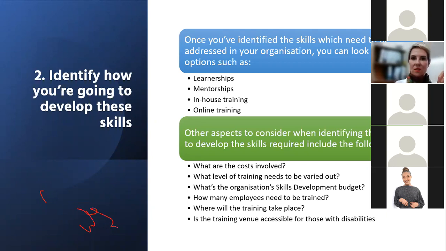What interventions are you going to make available for them? And then look at opportunities that you are going to open up for unemployed learners. In other words, graduates, interns, workplace experience that you make available, or unemployed learnerships that you implement. And again, these interventions should support the organization, not burden the organization.